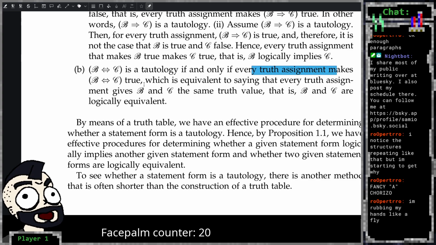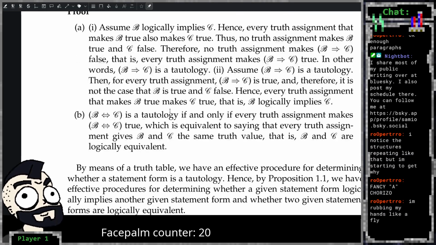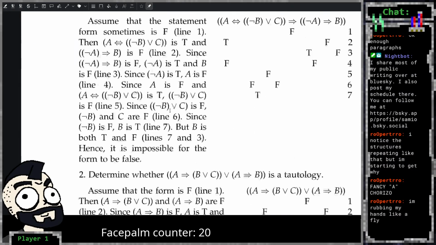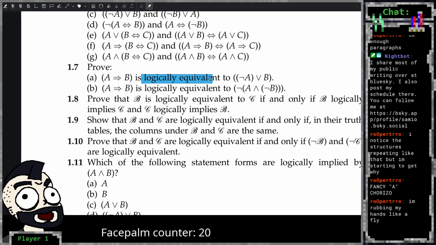When one is false, the other is false. See? So by proving that these formulas, joined together by a biconditional, are a tautology, I have proven that A implies B is logically equivalent to not A or B.